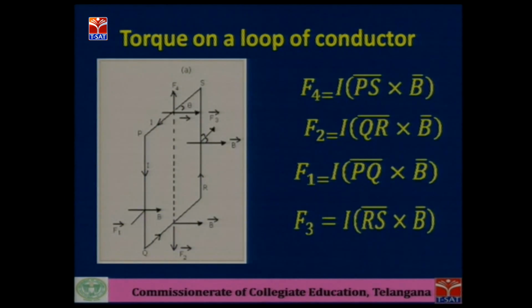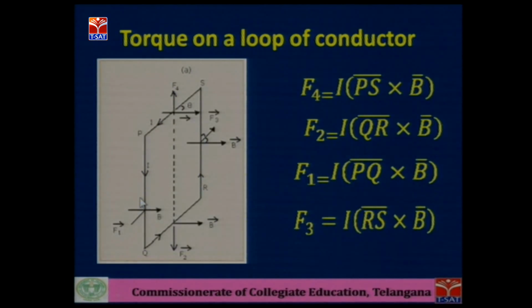Let us look at another application. This is the torque acting on a current loop in a magnetic field. Suppose we consider a rectangular loop of conductor placed in a uniform magnetic field. Let us assume the direction of the magnetic field is B like this, and we take the rectangular loop as PQRS as shown in the figure.